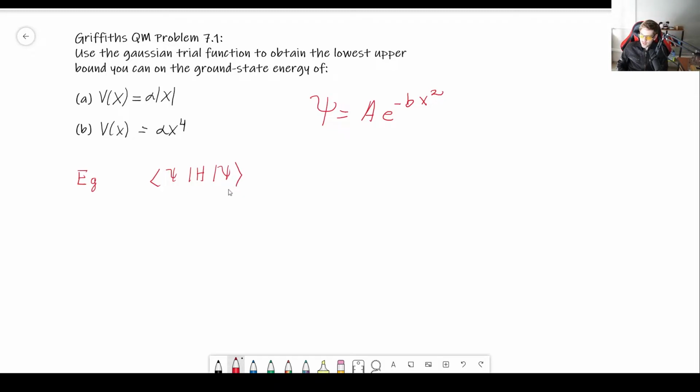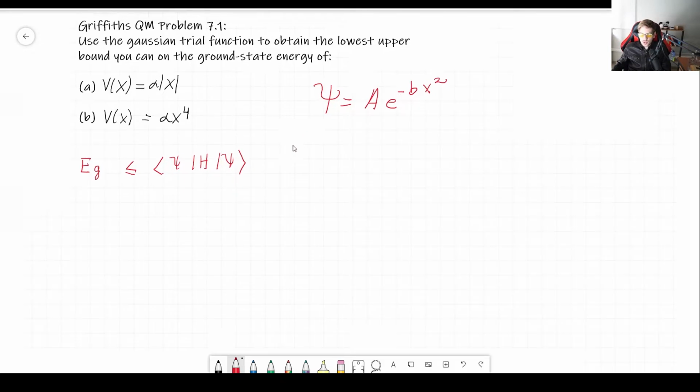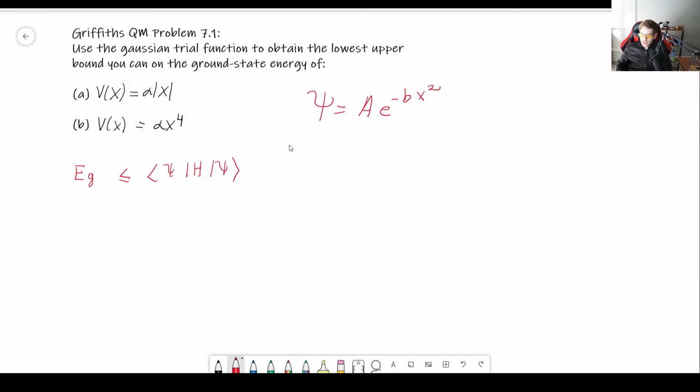And this value that we get will always at least overestimate the value of the ground state energy that we are actually looking for. So we'll always get a value that is either the same or greater than what we're looking for. We don't really know how far off we are, but if we take a relatively good guess, then we can get a relatively good result. Okay, so that was just a summary.